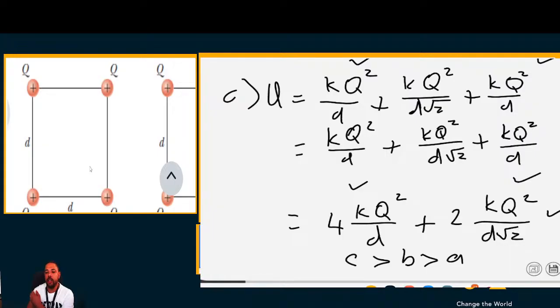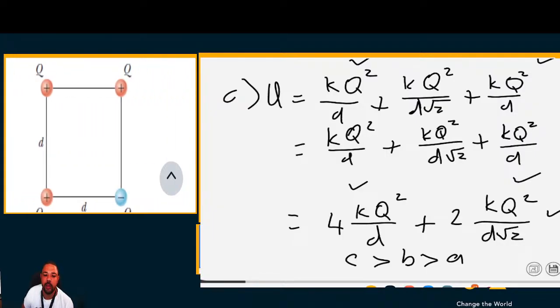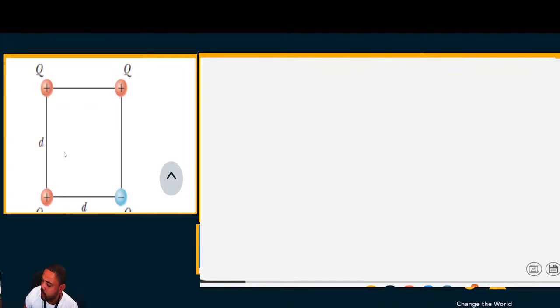Now where does D fit in? If you work out the electric potential of D, you will find that it is exactly 0.